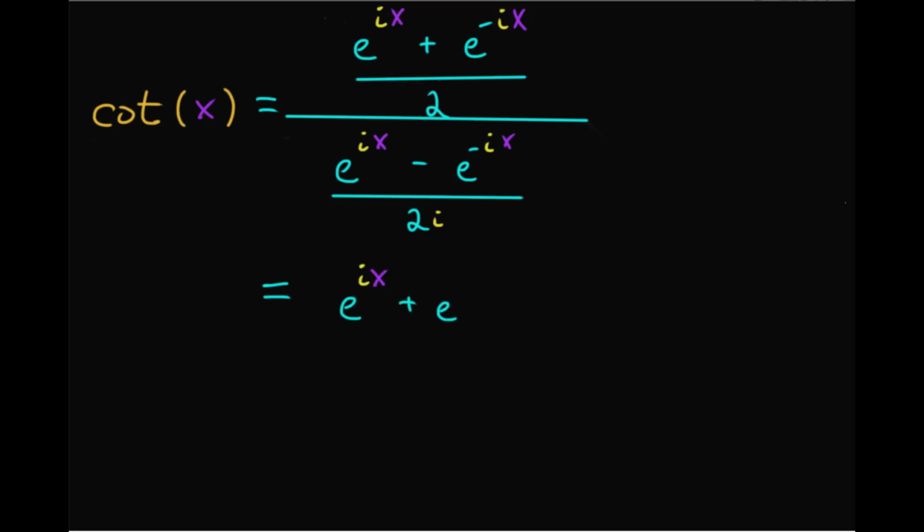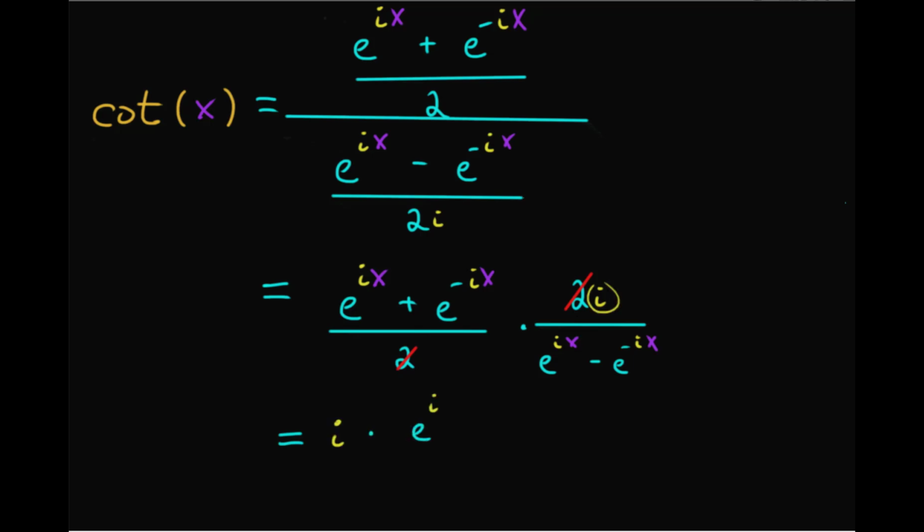Simplifying this expression, we would have that cotangent of x equals e to the ix plus e to the negative ix over 2, multiplied by 2i over e to the ix minus e to the negative ix. When we multiply these things together, the 2's cancel, and then I'm just going to bring that i in the numerator out in front to get cotangent of x equals i times the quantity e to the ix plus e to the negative ix all over e to the ix minus e to the negative ix.